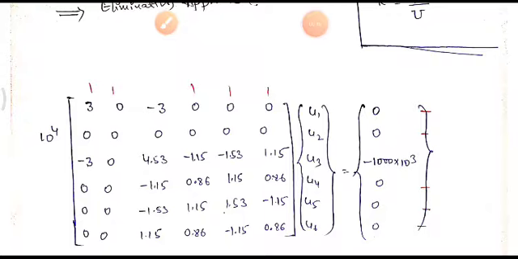Usually in solving truss problems we use the elimination approach of handling boundary conditions, because it is very easy to calculate and less time consuming, whereas the penalty approach requires more time, and we get many sets of equations to deal with. So in any truss problem, you can use the elimination method.